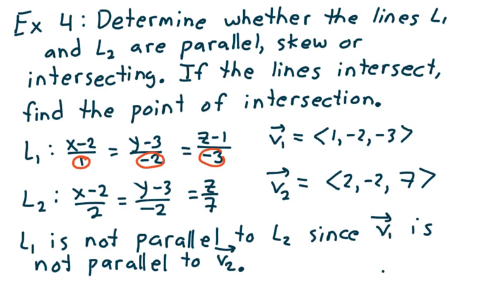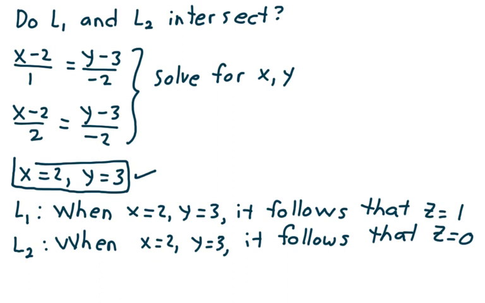If I go to line 2, when x is 2 and y is 3, the only possibility for z is for z to equal 0. And that's exactly what happened. So notice how in the first line I got z equals 1. In the second line I got z equals 0. That's a problem.